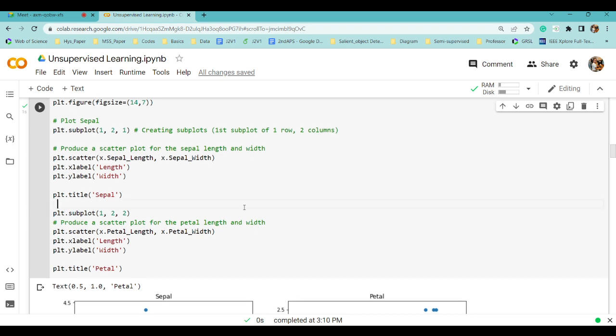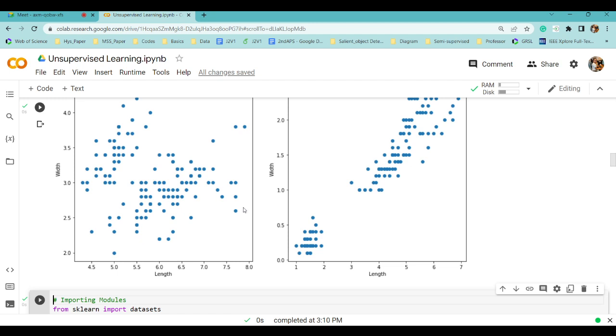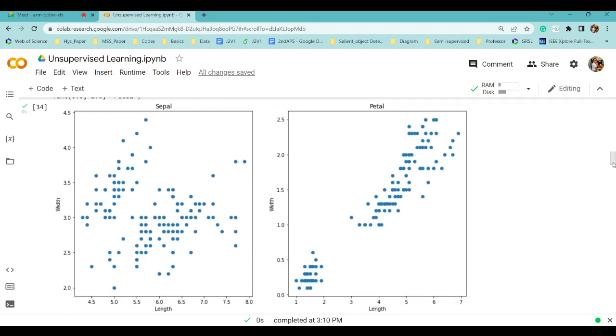So I'm drawing a scatter plot. See, now we can see the classes. This is for sepal: sepal length versus width, you can see the classes, and petal length versus width, you can see the classes. Each dot represents one value, the values which we got above for all the four rows and columns.